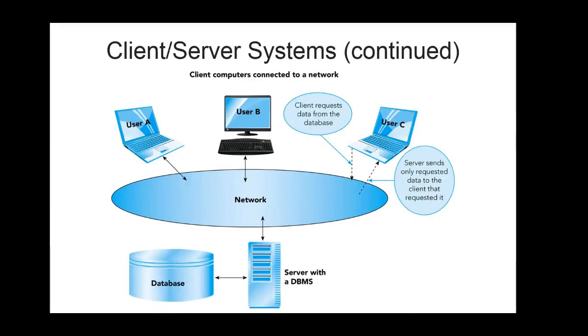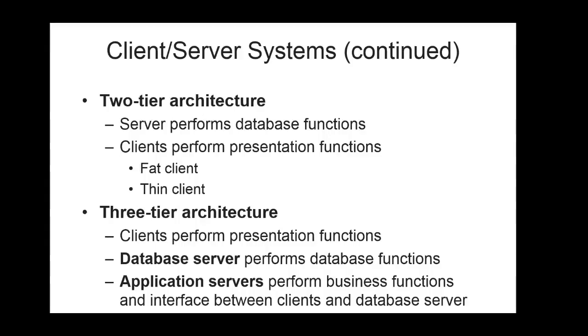And this is an example of a client-server architecture, which is two-tier because we have the client and we have the server, or we have the front end and we have the back end. Because the client and server perform different functions and can run different operating systems, this arrangement is called two-tier architecture.